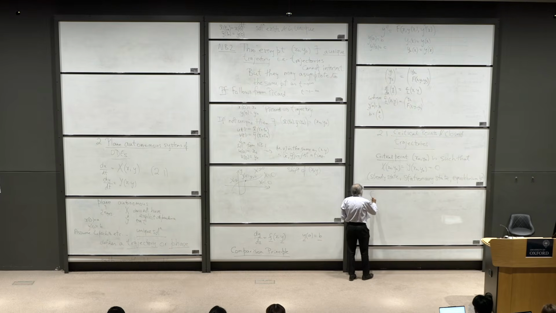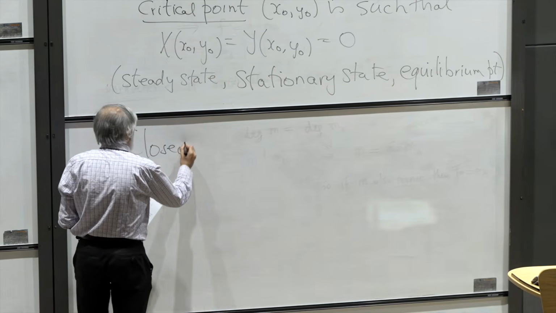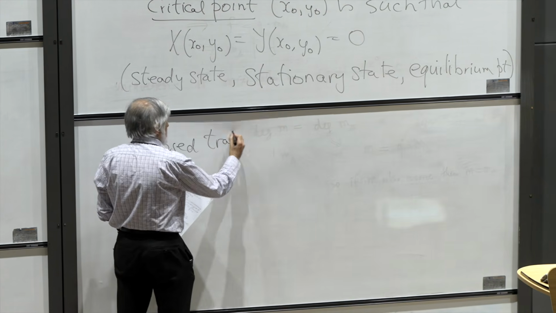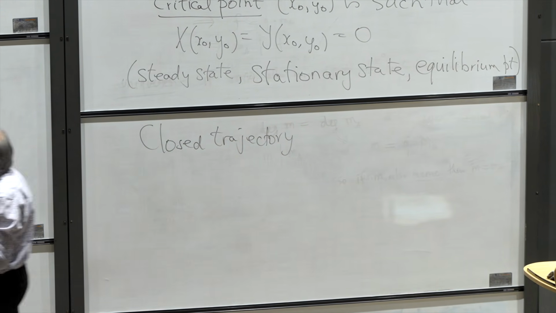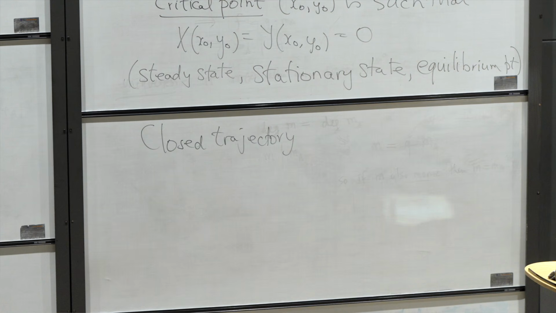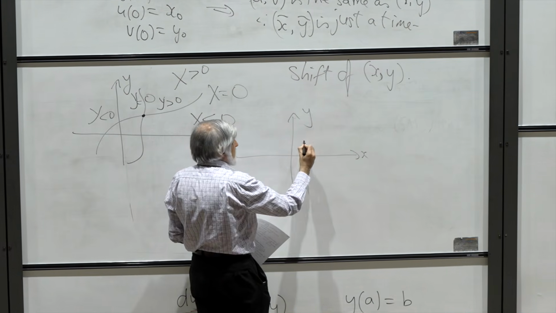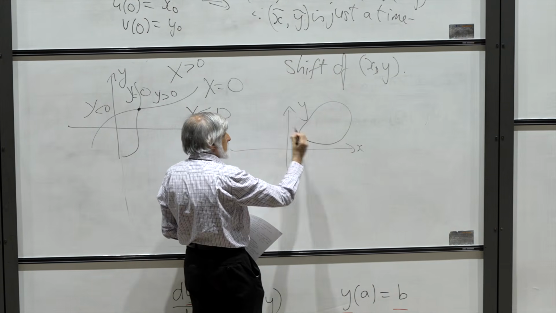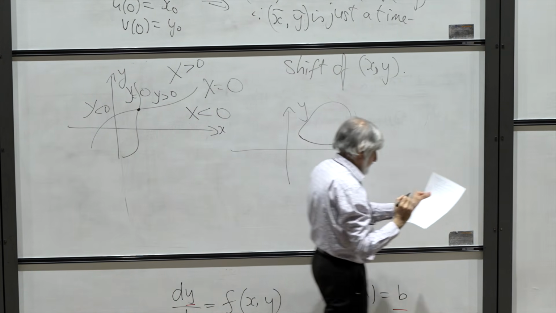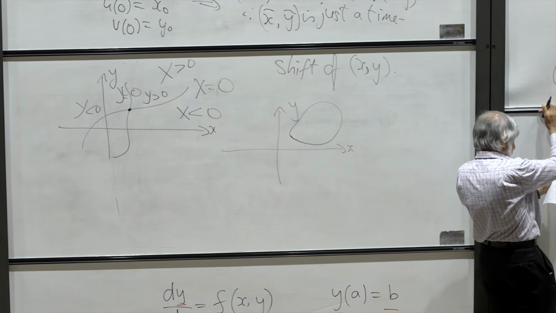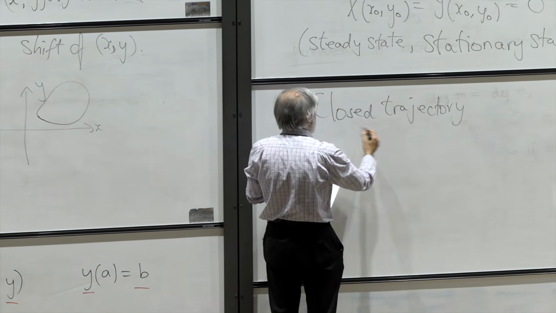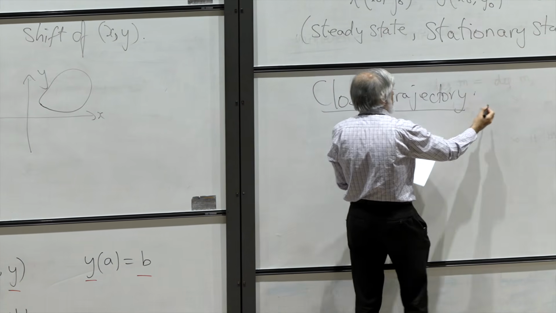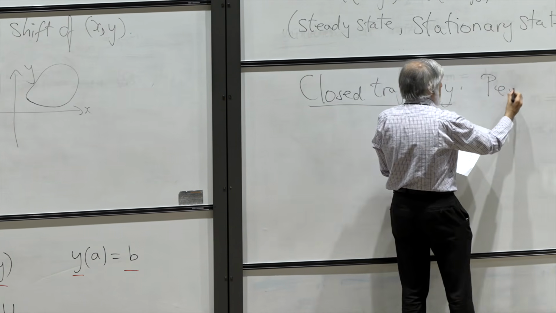So if we have a closed trajectory in the phase plane, so in other words, if we have a trajectory, say, that goes like that, that's called a periodic solution. We call that a periodic solution.